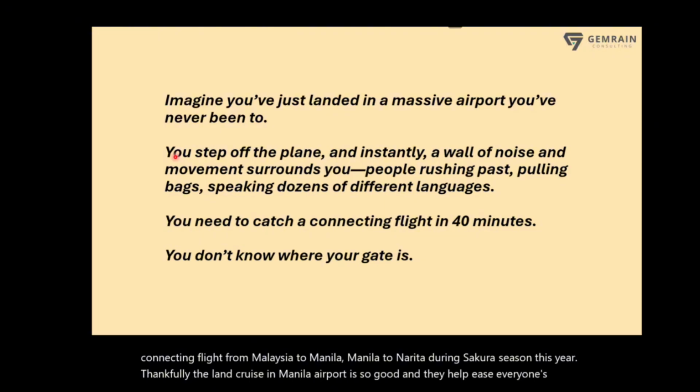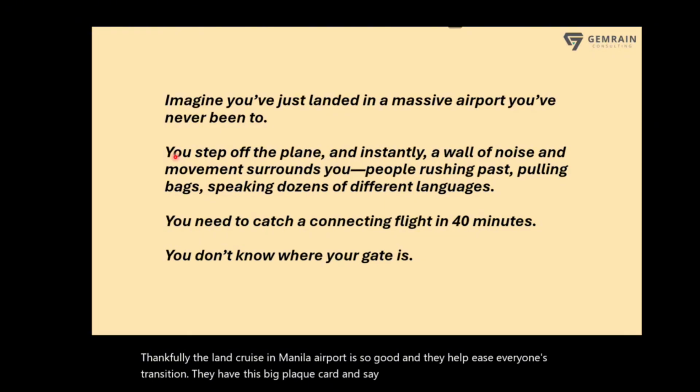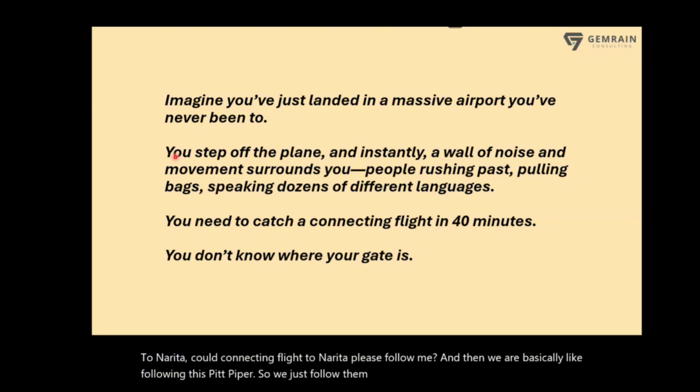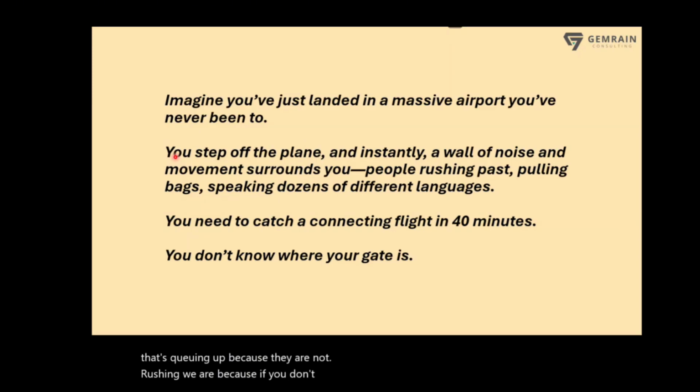They have this big placard saying, "Connecting flight to Narita, please follow me." And we are basically following this Pied Piper. We just follow them through all this wall of people queuing up, because they are not rushing. We are, because if we don't make the next connecting flight, well, bye bye Tokyo.